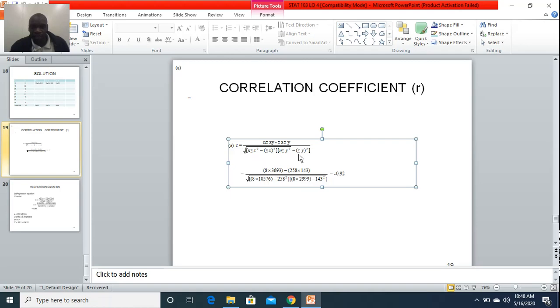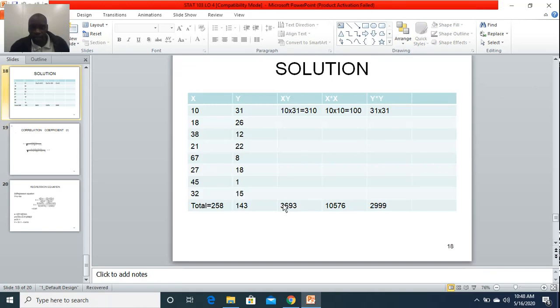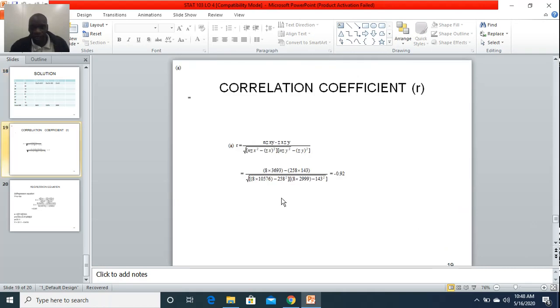Substituting our values from above, n is 8, summation of xy is 3693, summation of x squared is 10576. It's a matter of substituting, and we get the answer minus 0.92, which is a strong negative relationship. This formula must not scare you, because it will be provided in the formulas.